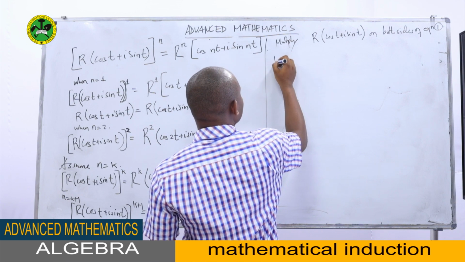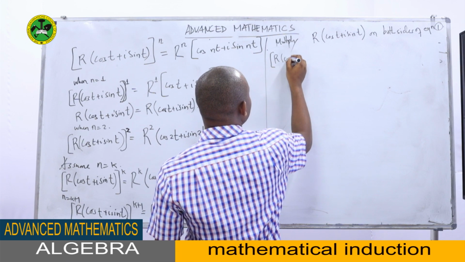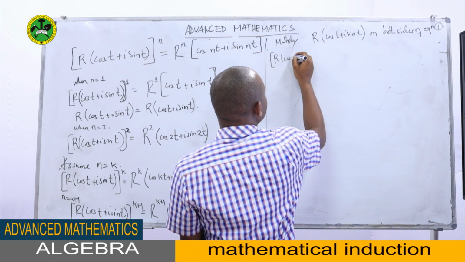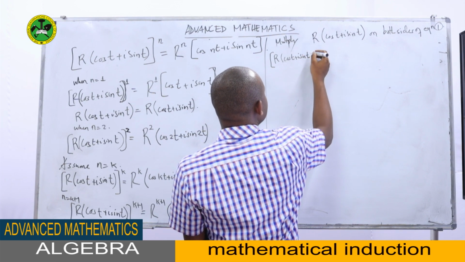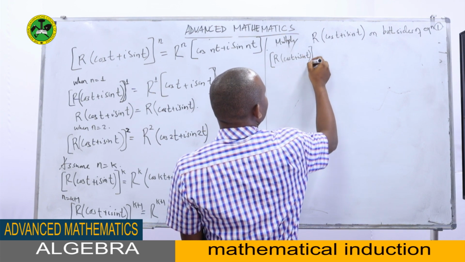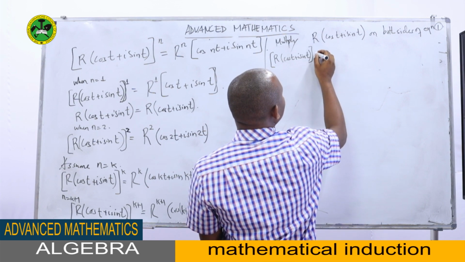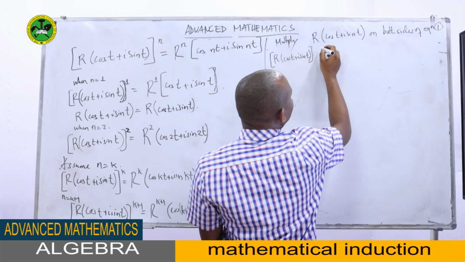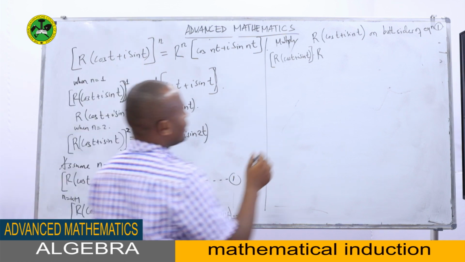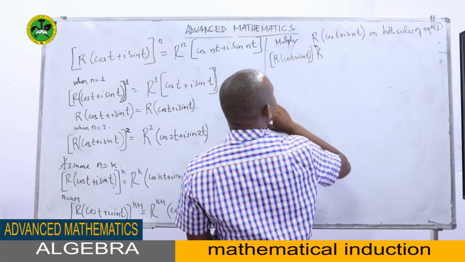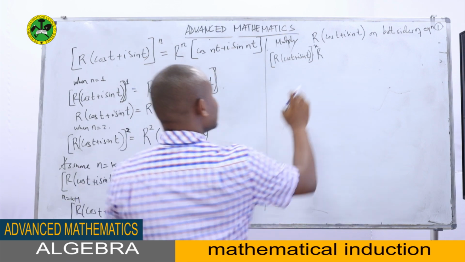That means we have r (cos t + i sin t) multiplied by that on both sides, and remember there is k.